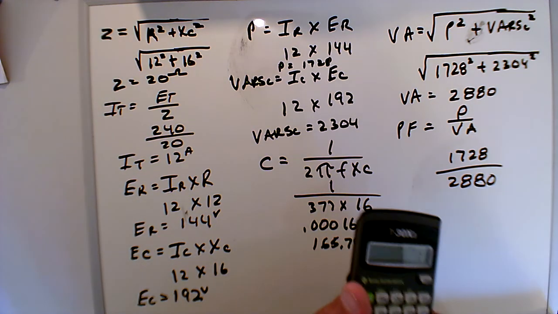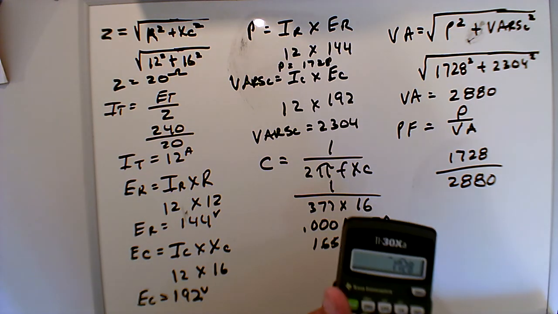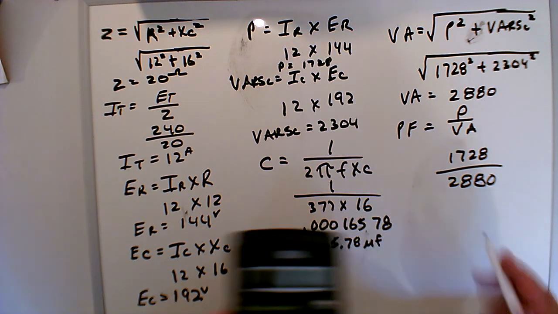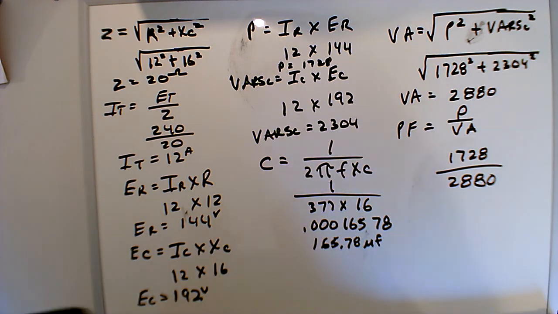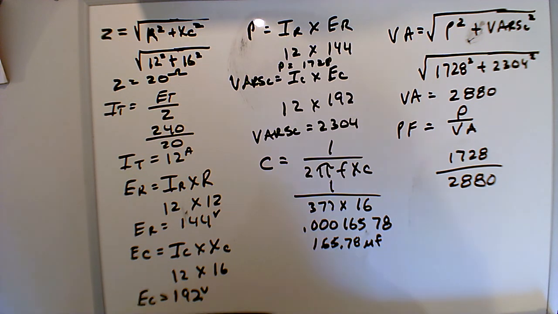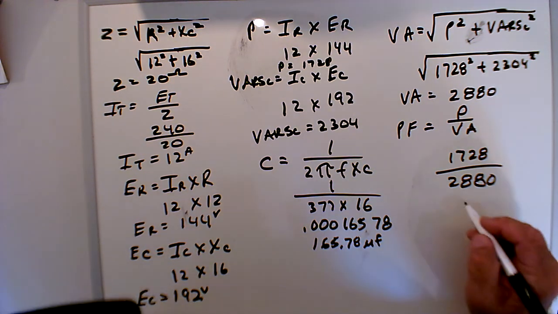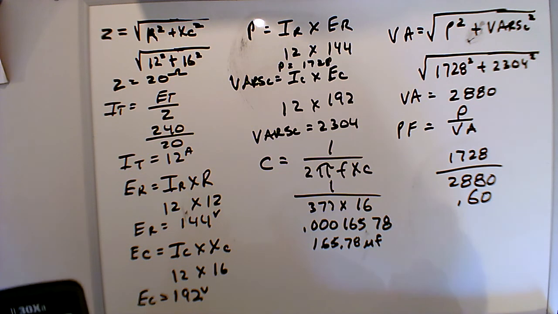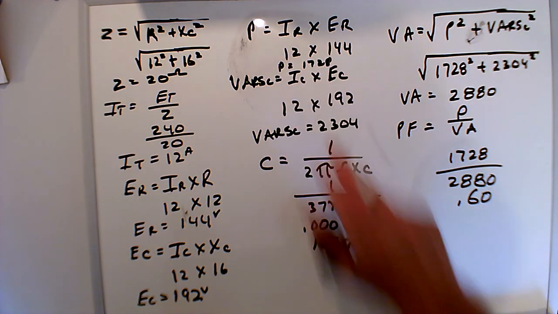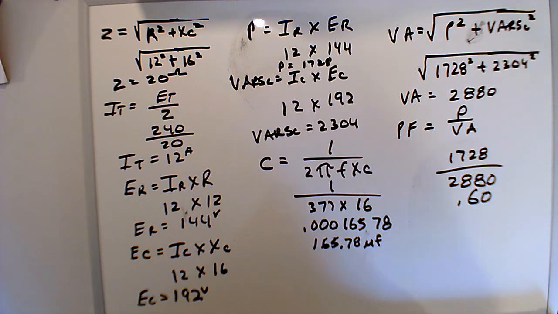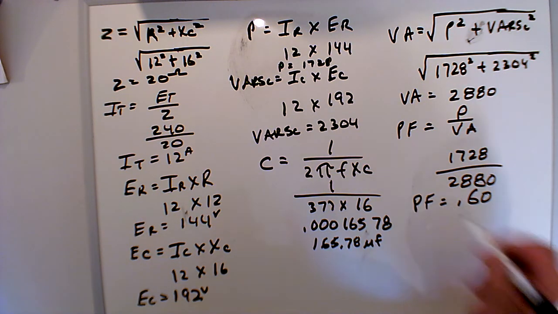So if I put that in the calculator, that gives me 0.6. I don't think that's right though. A power factor of 0.6. So that is the power, and I'm dividing it by the VA. So I think I'm right. Okay, power factor is 0.6.